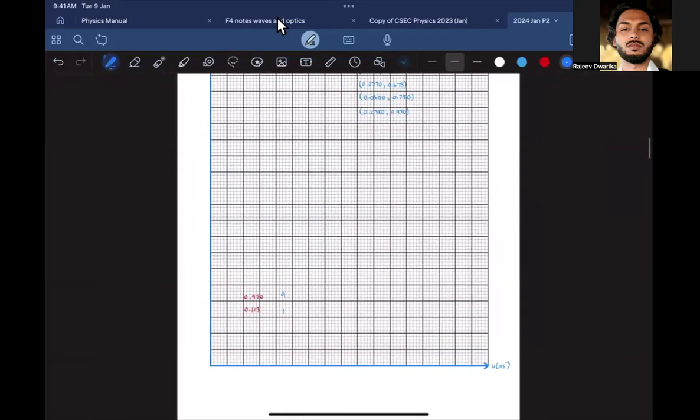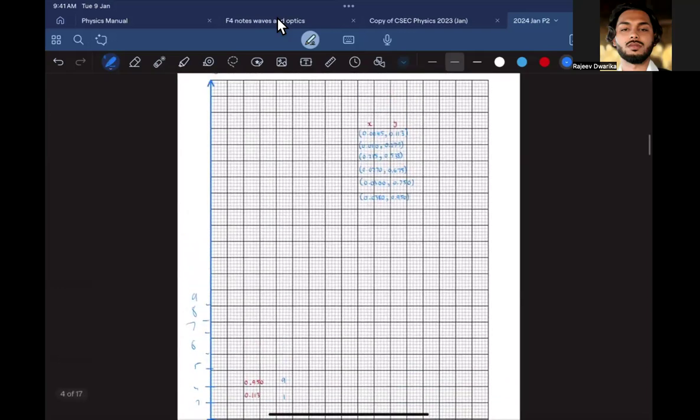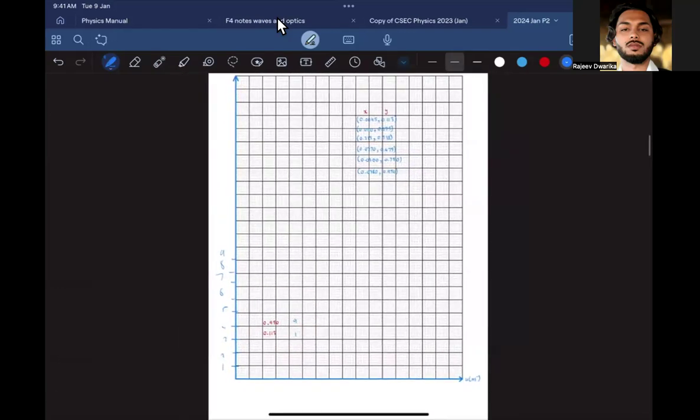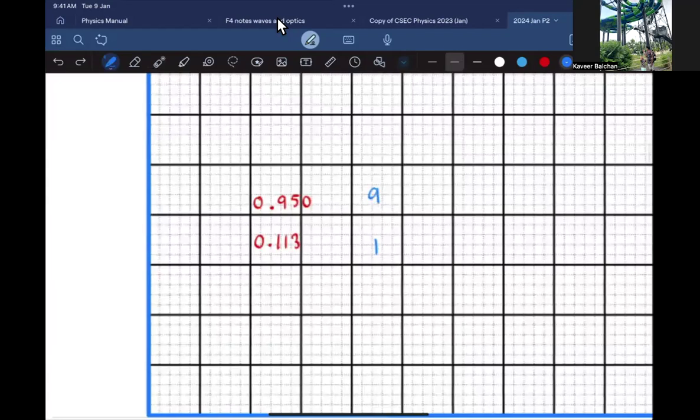So if I say every 1 centimeter is 1, would it take up half the page? No. If I do that, it's going to be like that. So what do you think I could do then? If 1 centimeter is not working, what's the next best choice? Use 2. So let me see how that works.